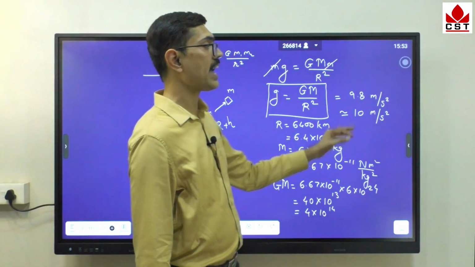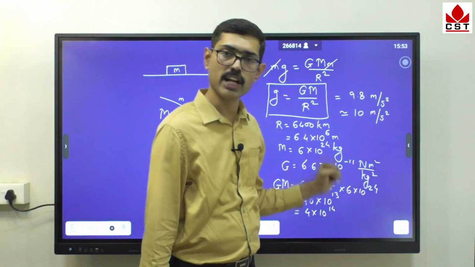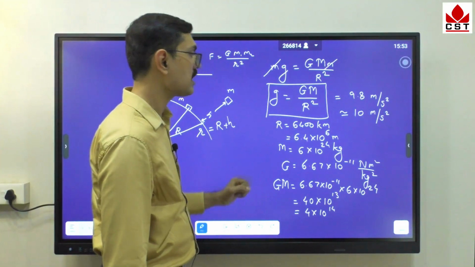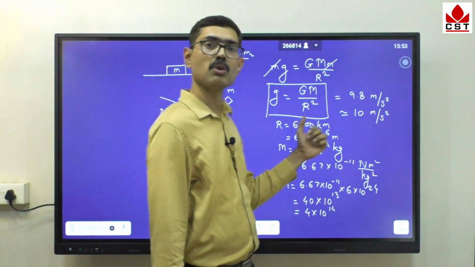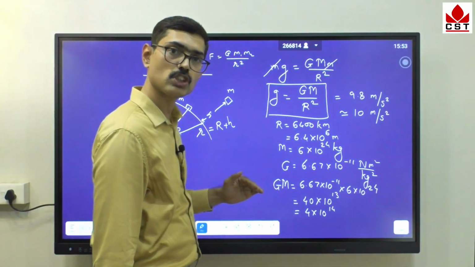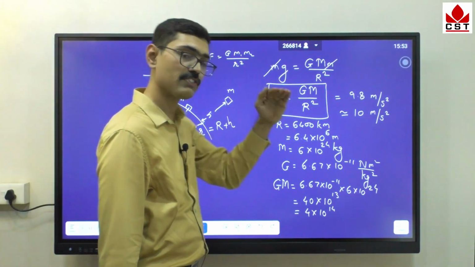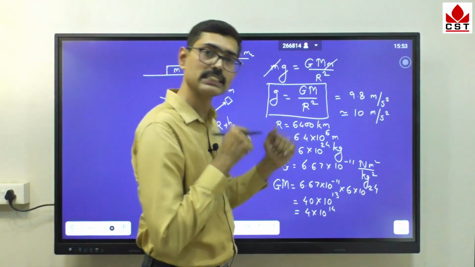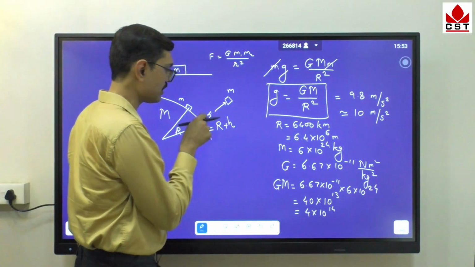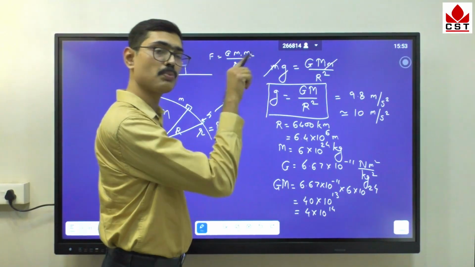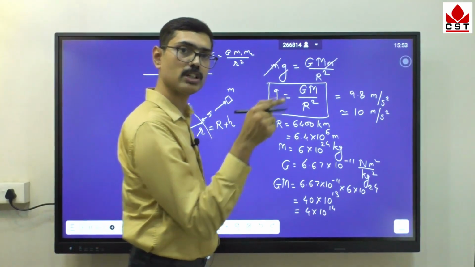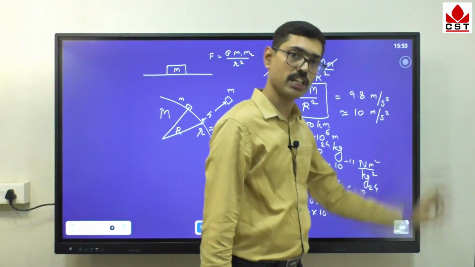This value is the average value of acceleration due to gravity on the surface of the Earth. That means there is variation of small g from the surface of the Earth to a height, from the surface towards the depth at the center, and from equator to pole. So when we move from equator to pole, this value is going to change.